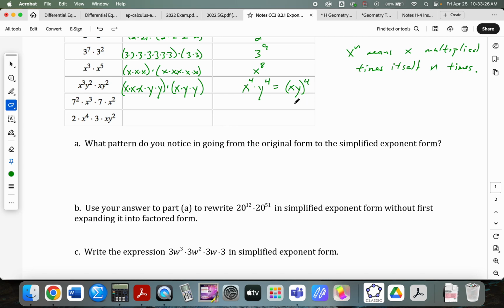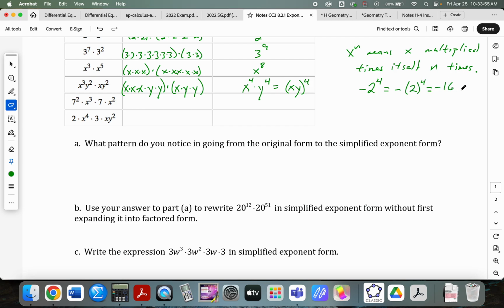This is why, and I know that you guys have seen these problems before, if I have -2 to, let's say, to the 4th power, does the 4 apply to the 2? Obviously. Does the 4 apply to the negative? No. This is the opposite of 2 to the 4th.